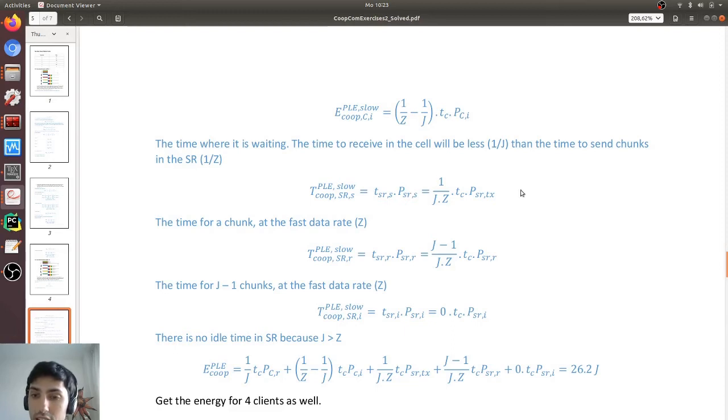If this is familiar to you, it is going to be 1 divided by JZ multiplied by the time in the standalone version, and then by the power to transmit in short range, because to transmit we only transmit our part. This is exactly the same.